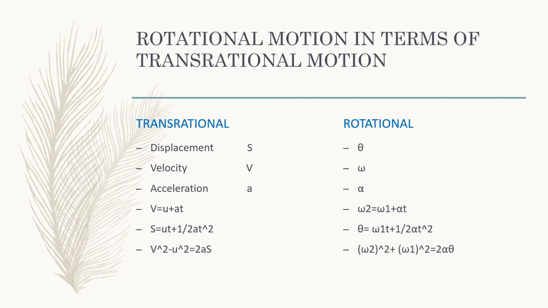Sorry, it should be minus, not plus; I wrote that by mistake. Just as you have seen v square minus u square is 2as, similarly omega 2 square minus omega 1 square equals 2 alpha theta.